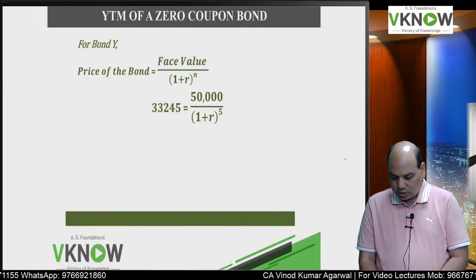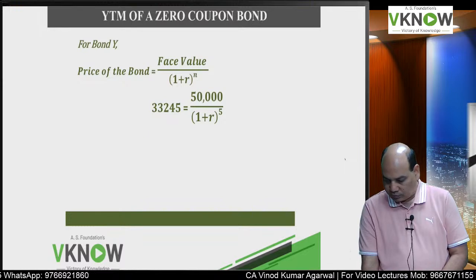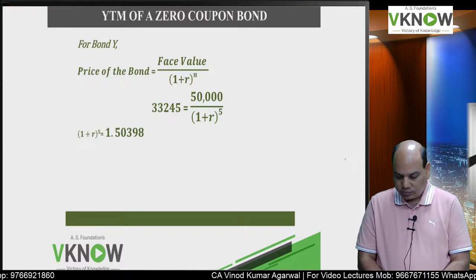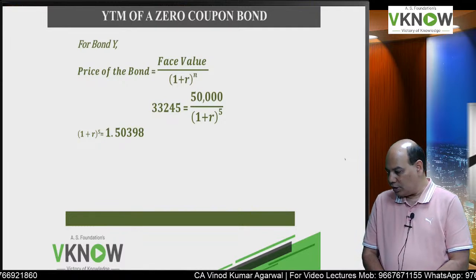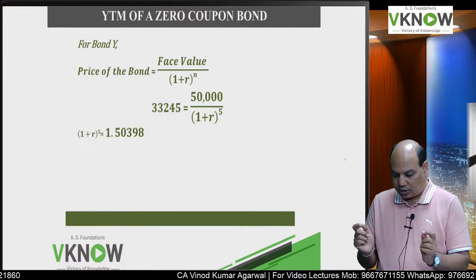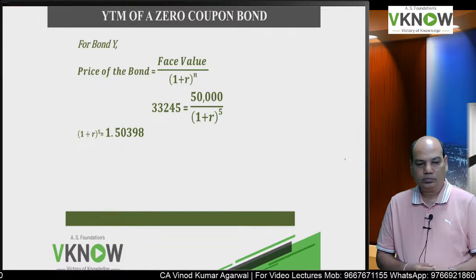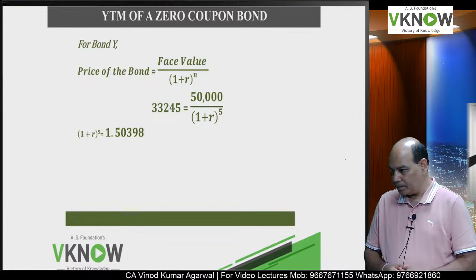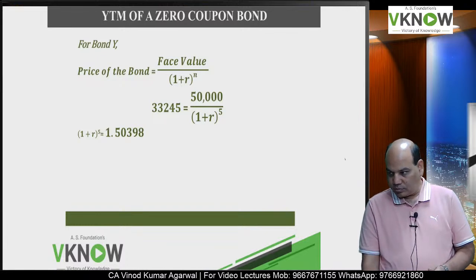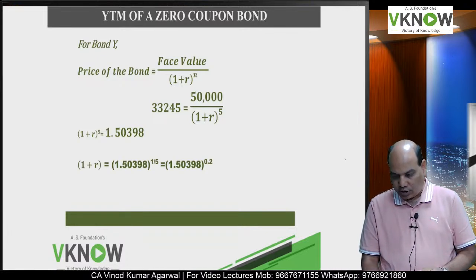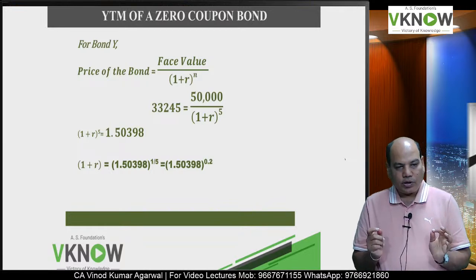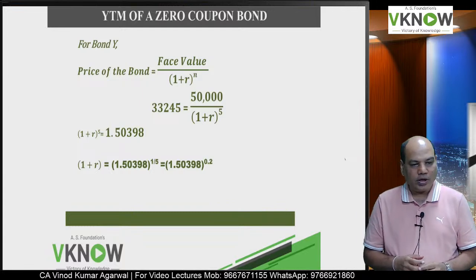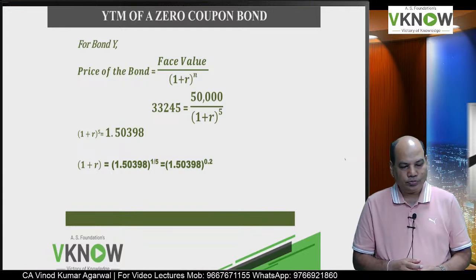And like the previous question, you write 1 plus R to the power 5 equal to, take on calculator, 50,000 divided by 33,245. So 1.50398. Therefore 1 plus R is equal to 1.50398 to the power 0.2.